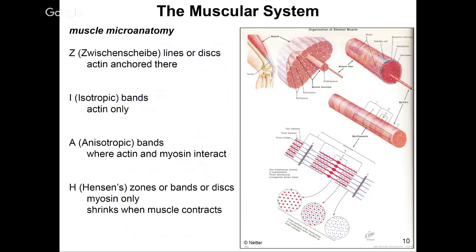So let me get another color. Actually, I'm going to do it on this side, just to make sure I get this right. So with muscles, we have these strands of myosin. Just draw a couple.